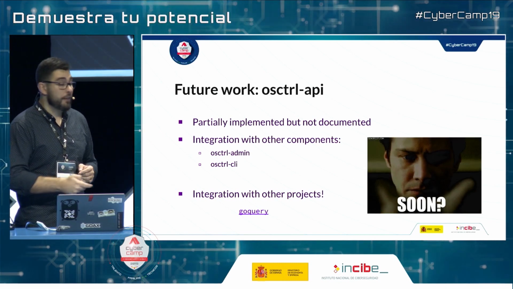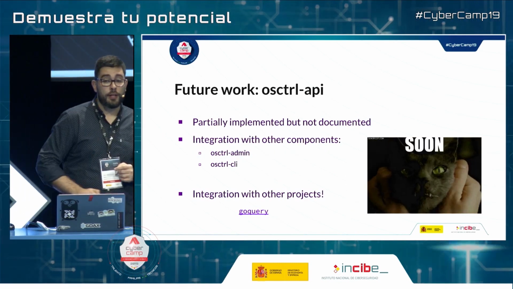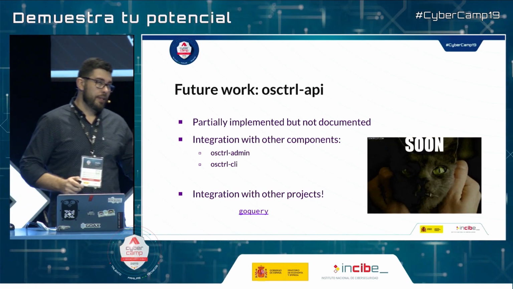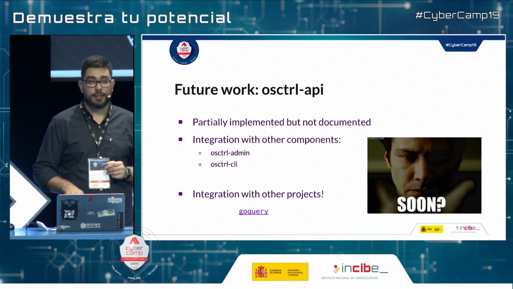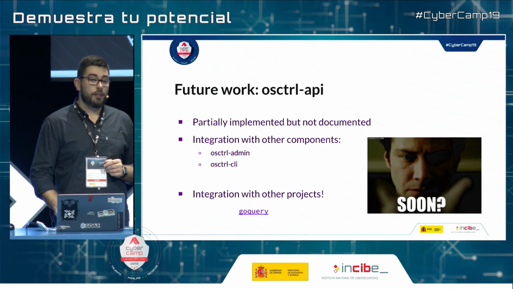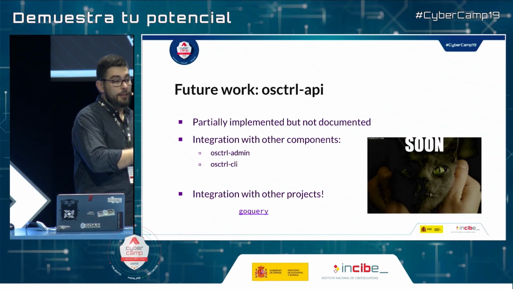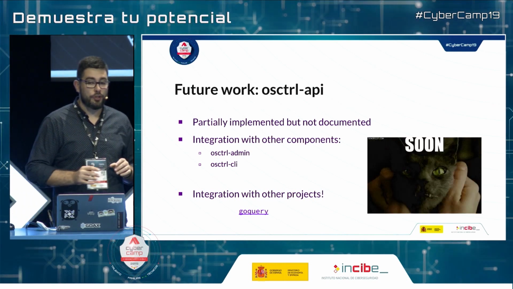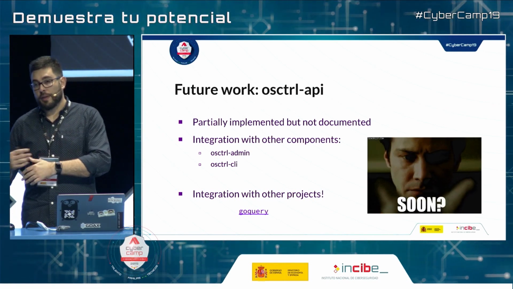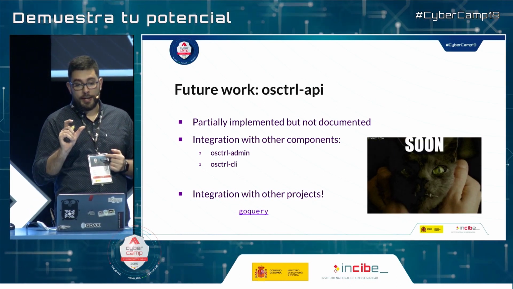But one of the reasons for the API is the relationship that it has with other projects. In this case, it's GoQuery. It was released a couple of weeks ago. What it does is implement a distributed shell using Osquery through an API. It also uses another couple of things that have not been documented, which is an accelerated system and so on.